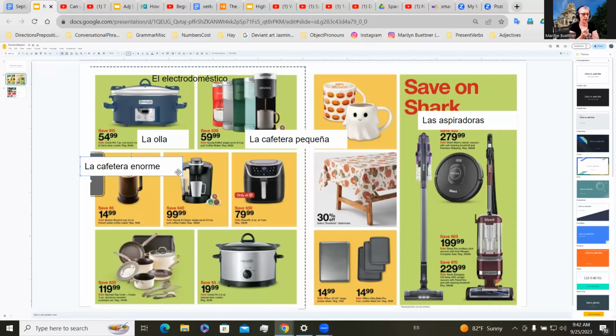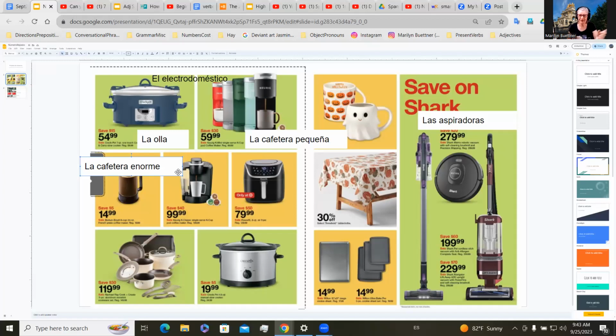¿Ok? Vale. Bueno, entonces, ¿cuál es el producto, el electrodoméstico que cuesta $54? 54. Olla. La olla, olla. Sí. A veces se dice olla de presión.